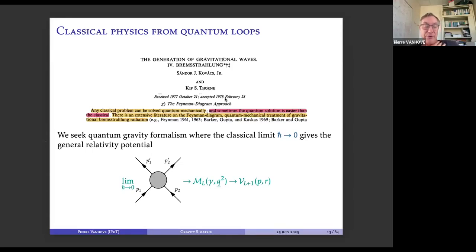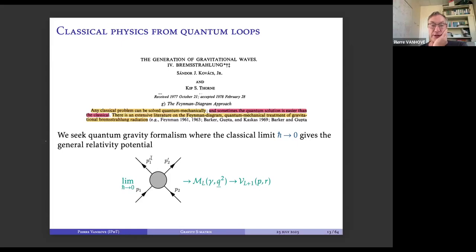Today we have developed this field a lot, essentially because of motivation from precision physics for the Higgs. So there are a lot of new methods and ideas that were unknown to Kip Thorne and Sandor Kovacs at the time when they wrote that paper. But at the end of the day, the idea is the following.